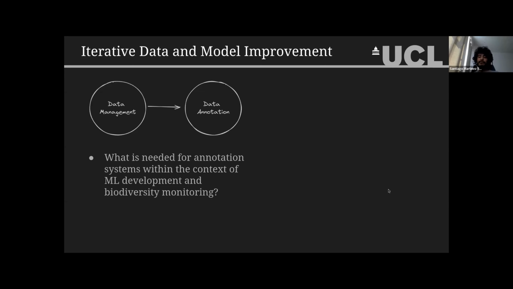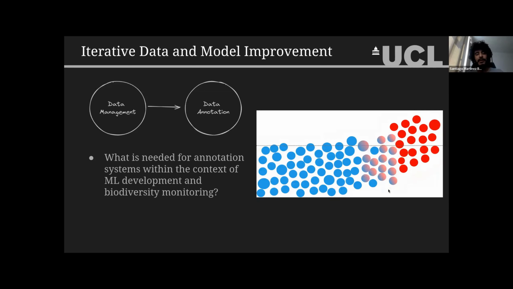If we think about this process in the context of biodiversity monitoring and machine learning development, what are the requirements of a system such as that? One of the important things we need to recognize when talking about monitoring systems using ML is that data and the context can change.